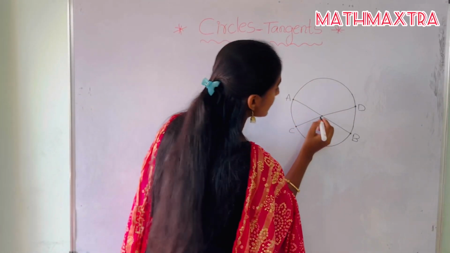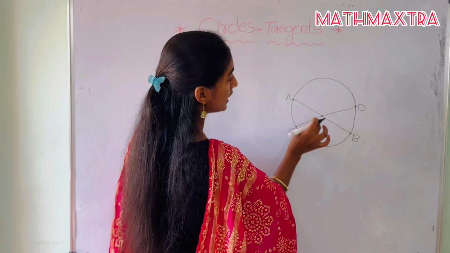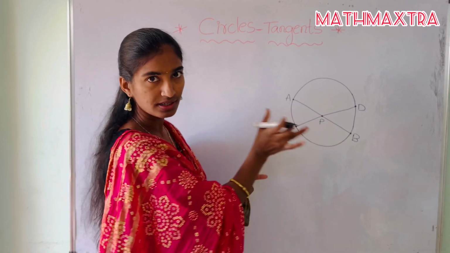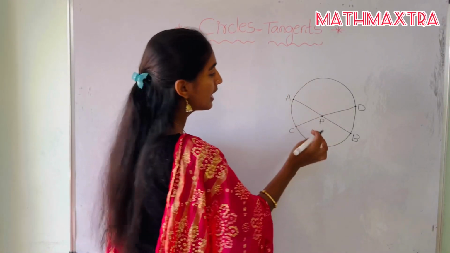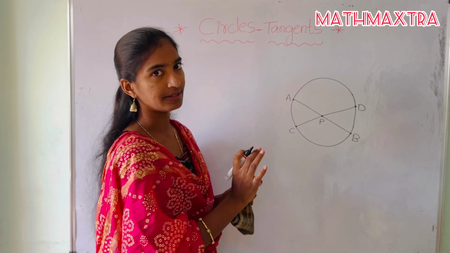If this is the intersection point of the two chords, we have to see this PA and PB are parts of the chord AB, isn't it? And PC, PD are parts of the chord CD.